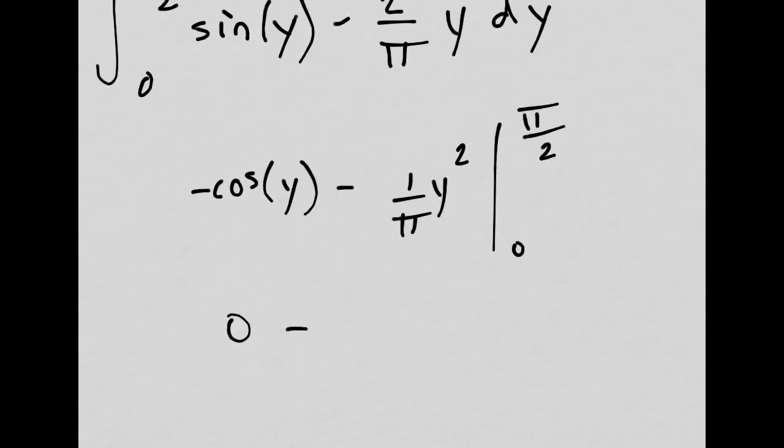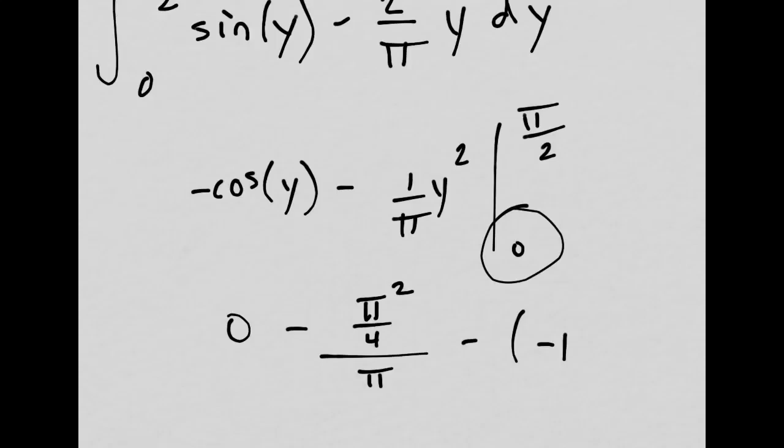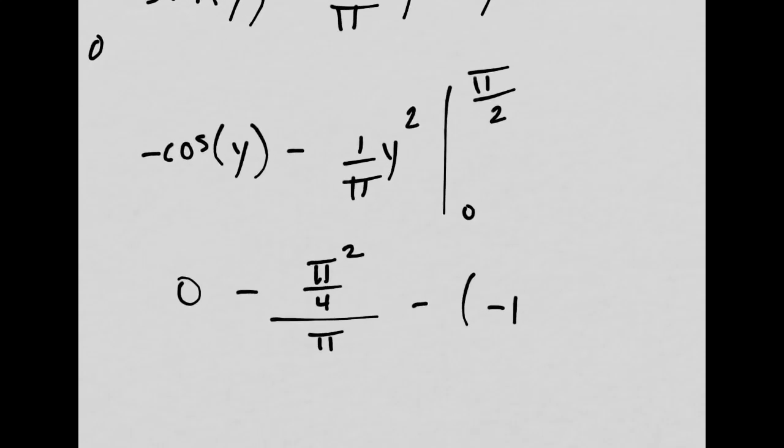Minus pi squared over 4 divided by pi. What's cosine of 0? I'm plugging in 1, so I get negative 1 there. Cosine of 0 is positive 1, and then I have a negative out in front of it. And then minus 0. So this would be negative pi over 4 plus 1.